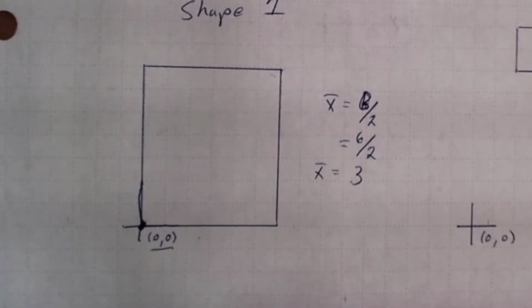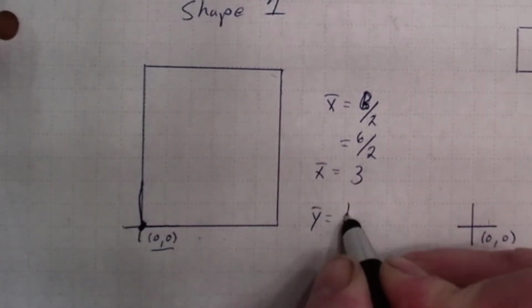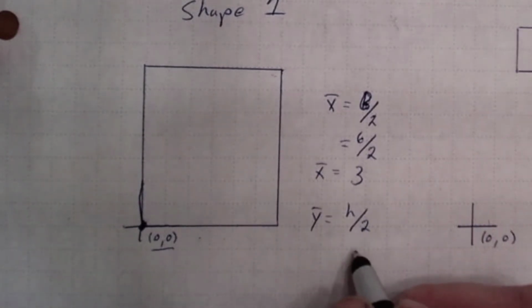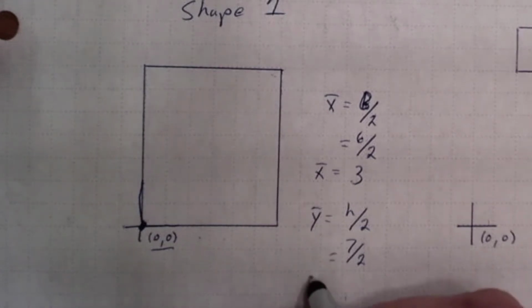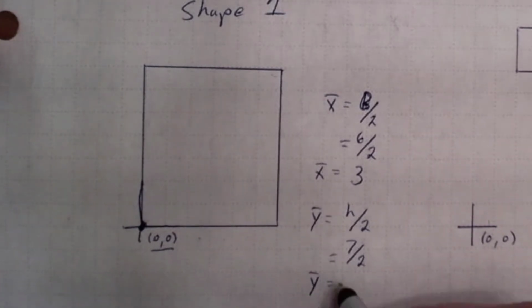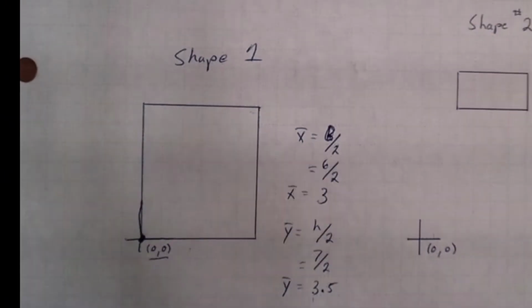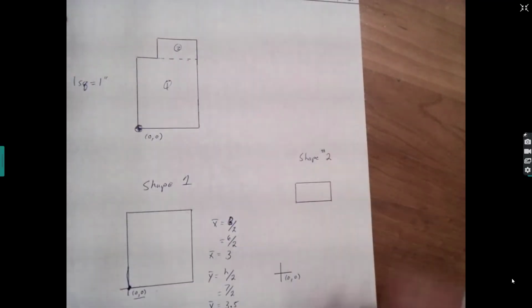Y bar equals height divided by 2, and the height of this object is 7, so 7 divided by 2. Y bar equals 3.5. I'm running out of room, so I'll raise my dot cam up just a little bit more so I can fit the whole thing in.